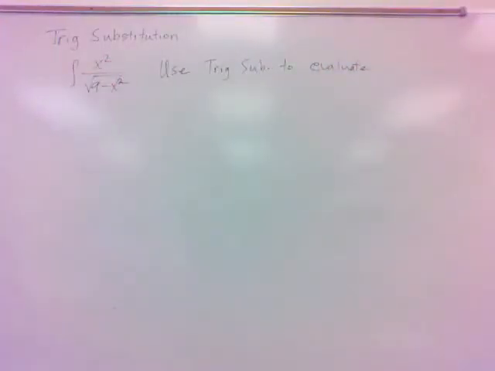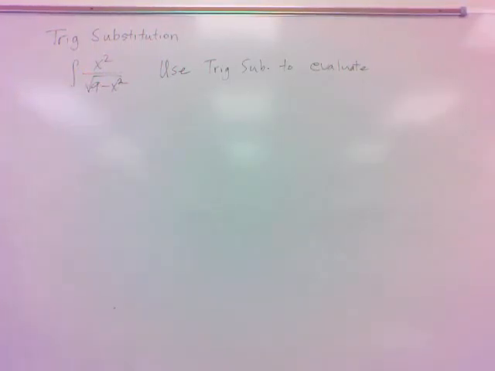Like we said, you look for the inverse trig antiderivatives, but this one doesn't work because that x squared is complicating things just enough to not be able to do that. And so we look for a trig substitution. We're going to trig substitute with the stuff under the square root.